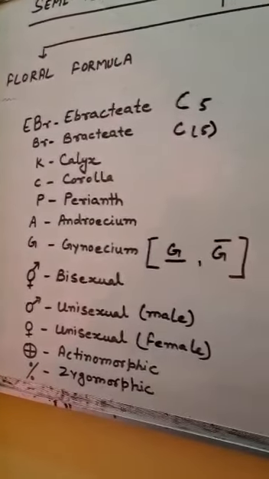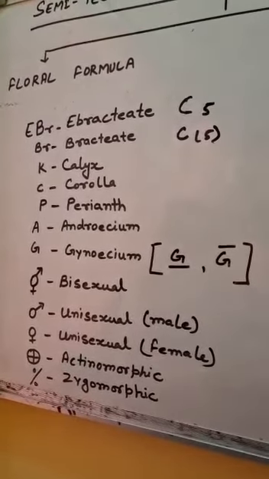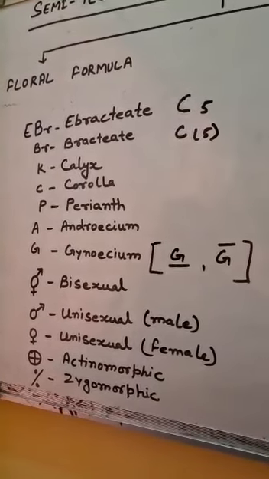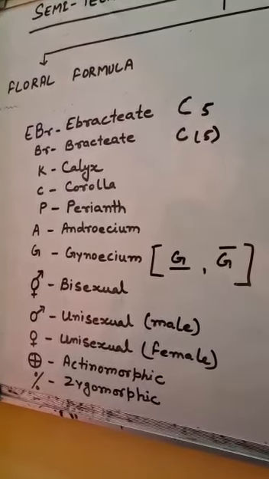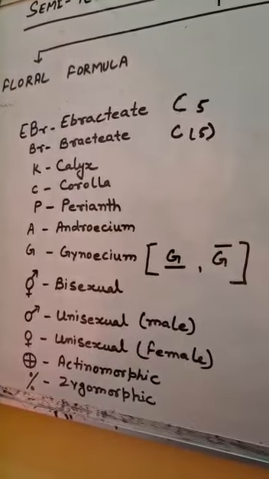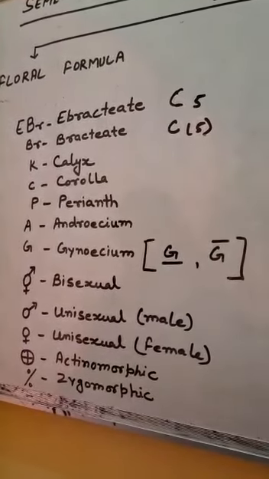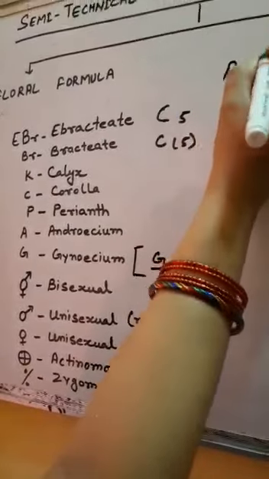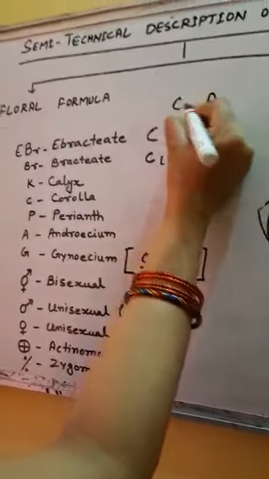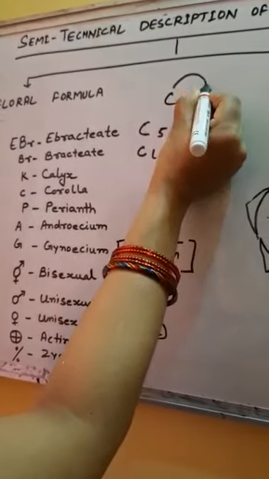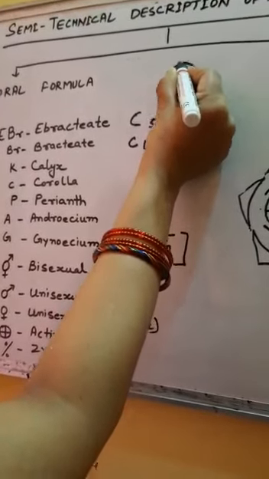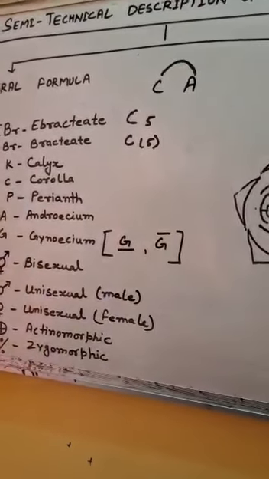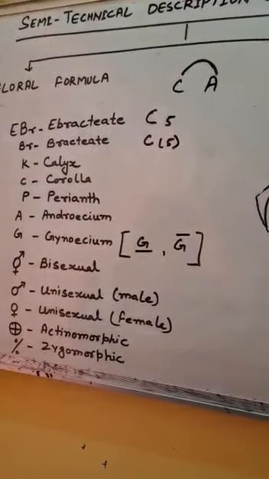Also, the adhesion can be shown with a line above the symbol of floral parts. If two floral parts are connected, sometimes androecium remains connected with the corolla, then this symbol represents the adhesion between two floral parts.